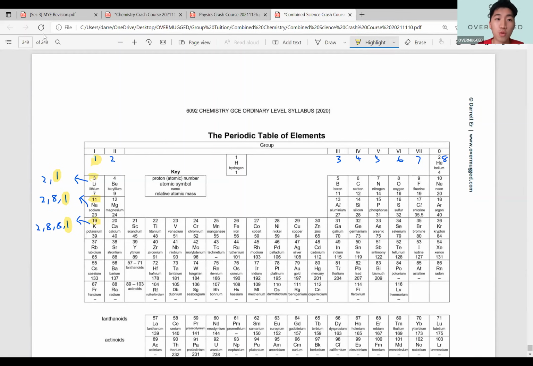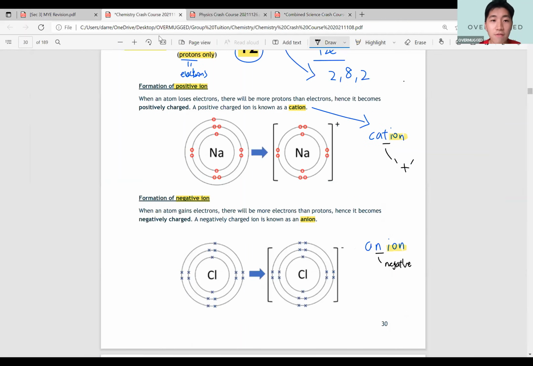Now, what you need to know is this. For an ion, what is it hoping to achieve instead of 2, 8, 1? You can see here, sodium is 2, 8, 1, right? It doesn't want to be 2, 8, 1. It wants to be 2, 8. Why? This is what we call your stable electronic configuration.